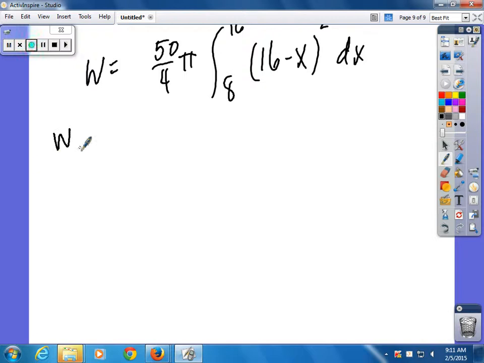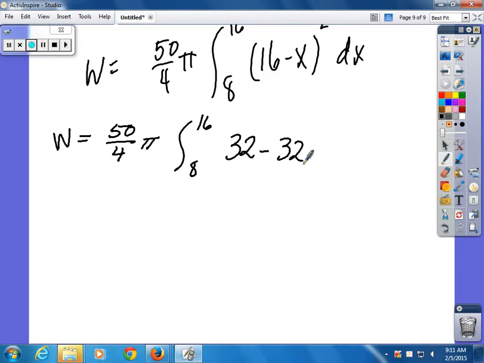W is equal to 50 over 4 pi, antiderivative 8 to 16 of 32 minus 32x plus x squared. Somebody check my math. dx. 16 times 2 is 32, and then 2 times 16 is 4.